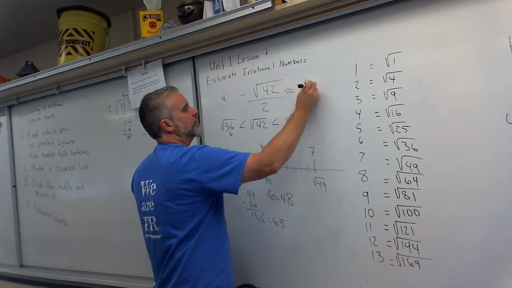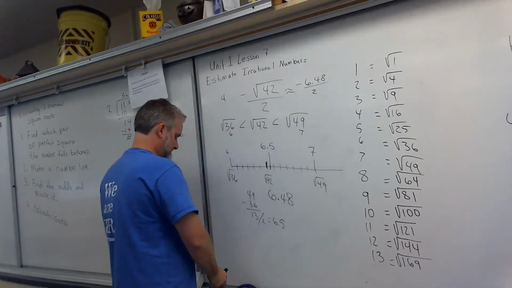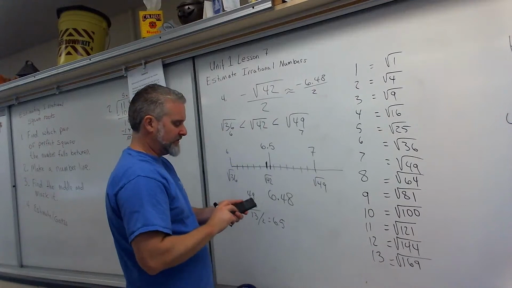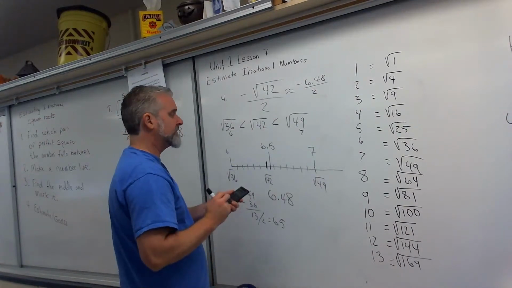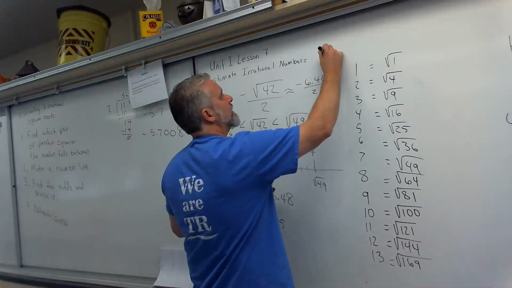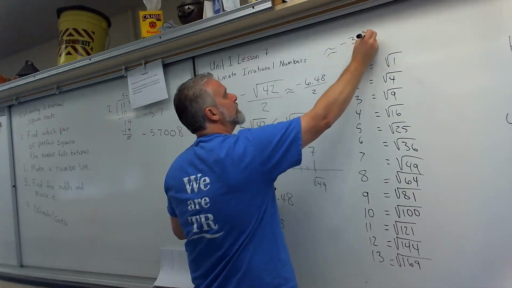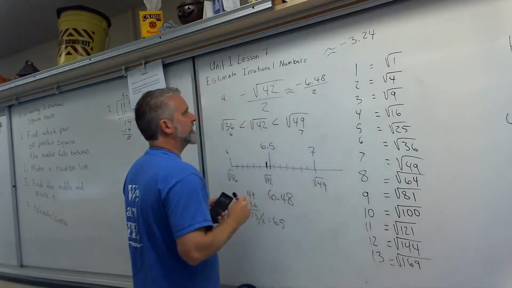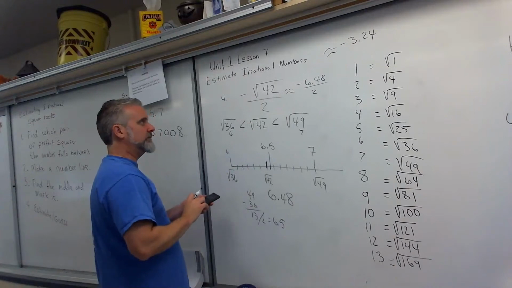Negative 6.48 divided by 2. Punch it into my calculator. And we get approximately negative 3.24. So that's our estimate. And now let's see what we get when we punch it in.